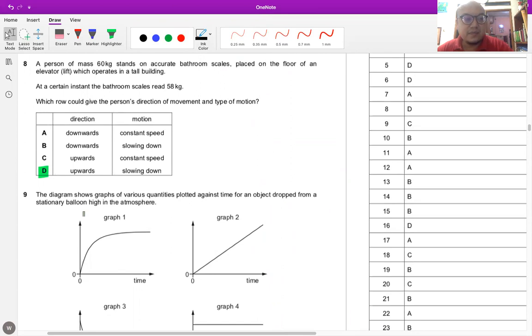A person of mass 60 kilograms stands on accurate bathroom scales placed on the floor of an elevator lift, which operates in a tall building. At a certain instant, the bathroom scales read 58 kilograms. Which row gives the person's direction of movement and the type of motion?